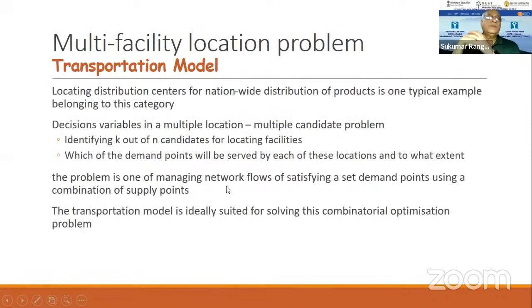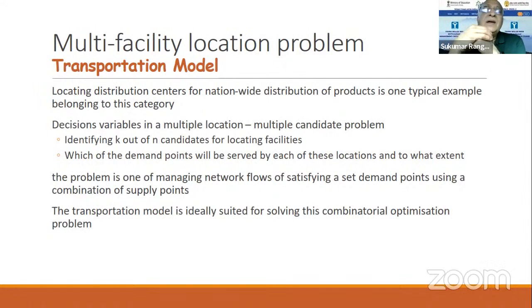In a multi-facility location, as we said in the first slide, the transportation model works. Now, let us say that the same Hindustan Lever or something, making the same product, let's say the noodles, is being made in, let's say, 5, 6 locations across the country.